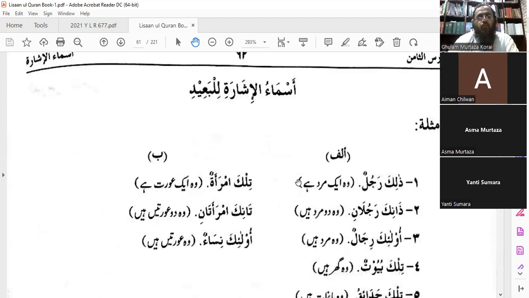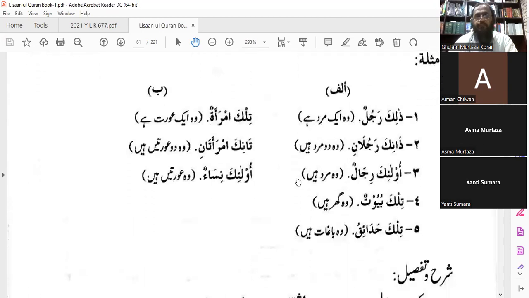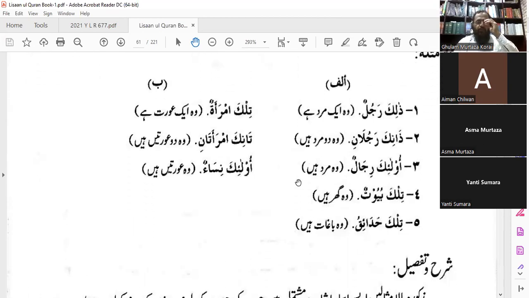Okay, so this is what we have. Now you see that before Muzakkar and this Ba'id means they are at distance: that, those, and Karib: this, these. Dhalika Rajulun. That is for Mufrad Muzakkar.